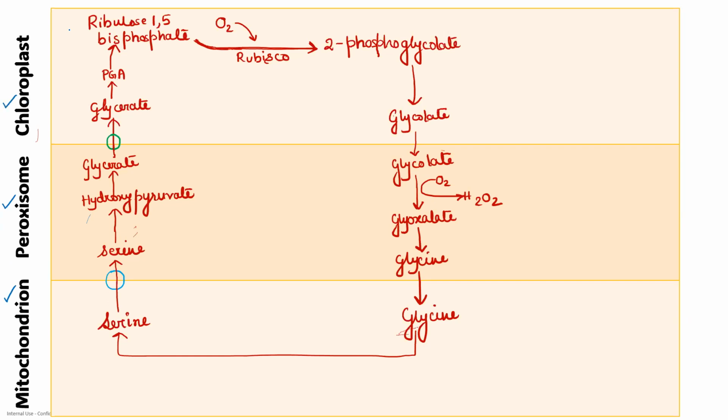See here, ribulose 1,5-bisphosphate is the starting molecule. So RuBP in association with oxygen forms 2-phosphoglycolate, the reaction being mediated by rubisco.